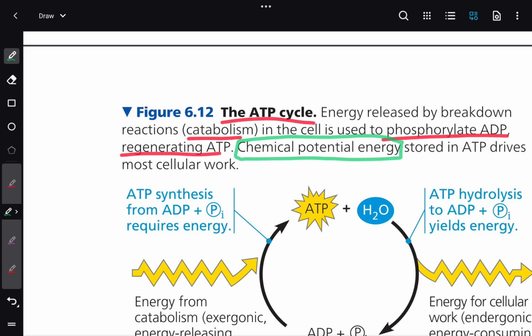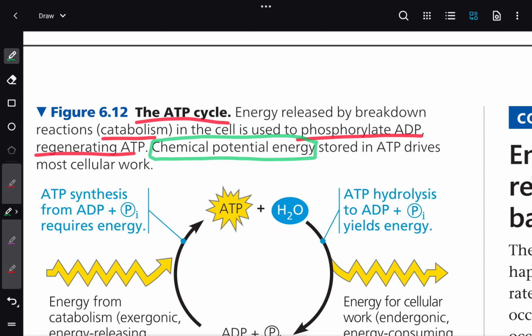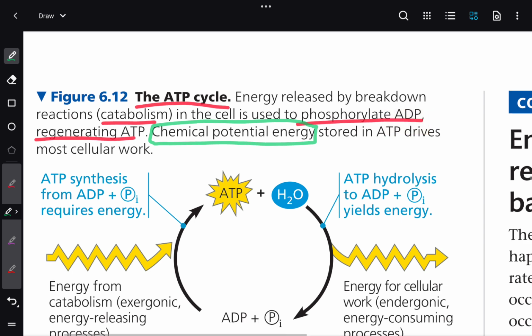Now, in terms of chemical potential energy, the ATP has a chemical potential energy that is provided by the breakdown reactions in the cell, which turn ADP, which has low chemical potential energy, into ATP.